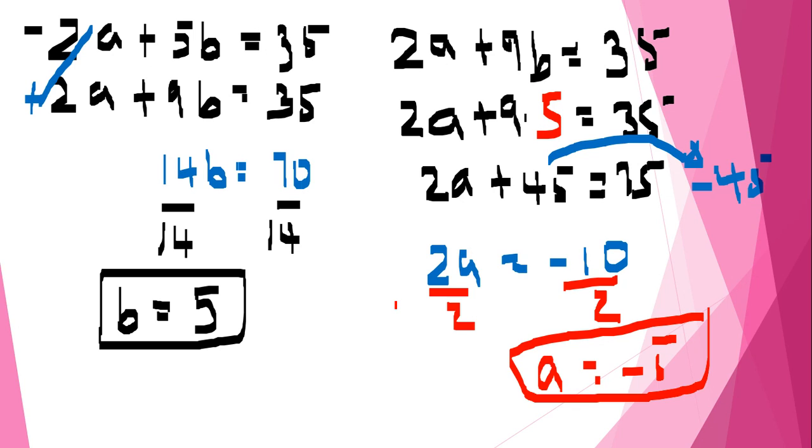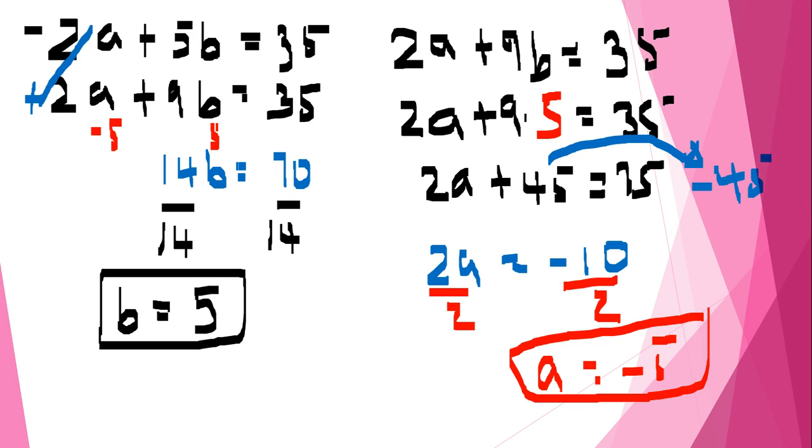Now, am I sure that these answers are correct or not? You can actually check and see whether these answers are correct. You can use one of these equations to check. Again, I prefer to use positive equations just not to get confused with negative numbers. So my a is negative 5, so I plug negative 5 there, and my b is 5.